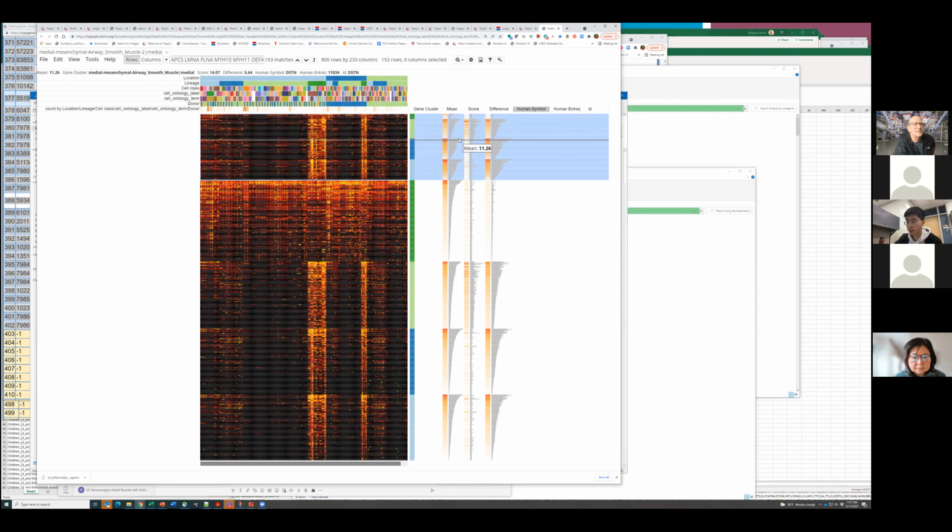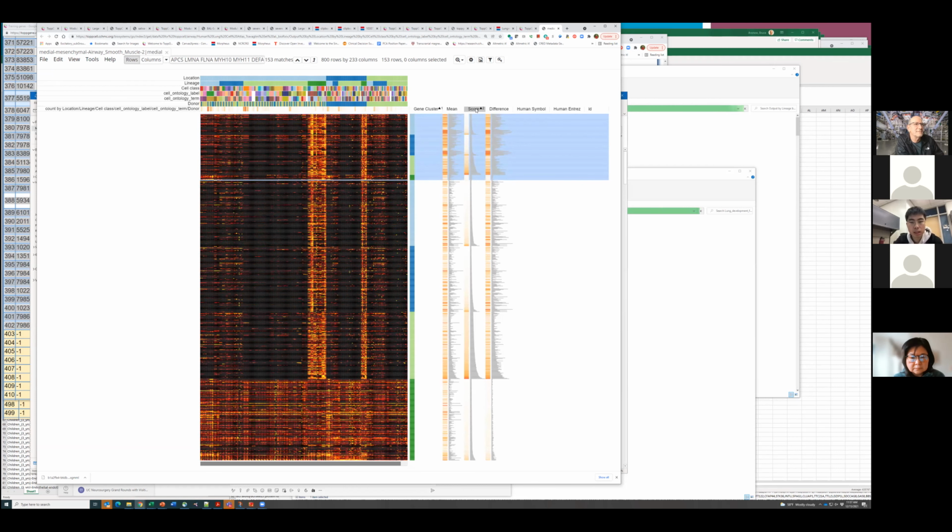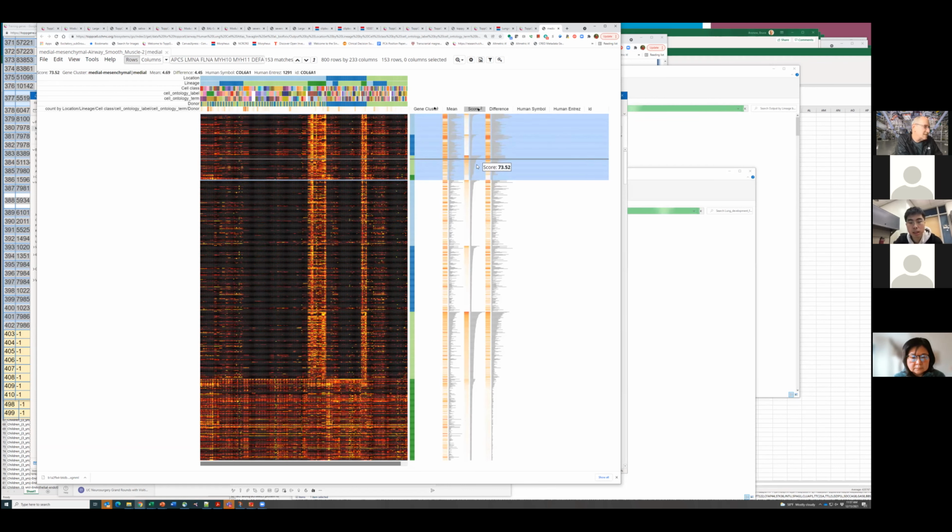This is just its log TPM expression value, after normalization of per million counts, and then here's its statistical score for how specific it is. So these are going to be really good biomarkers of a given cell type. If it has a good T-score, it'll be really specific for whatever the cell type is that it's coming out of.